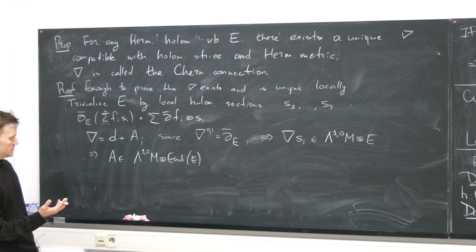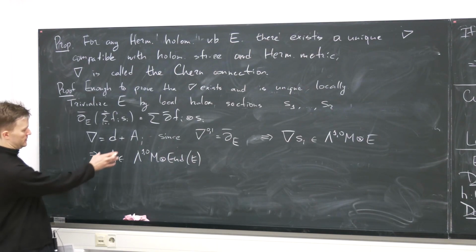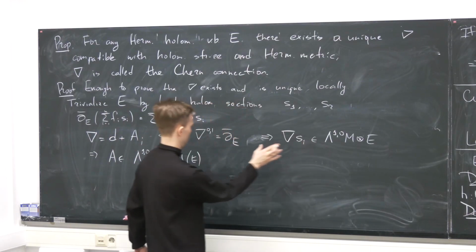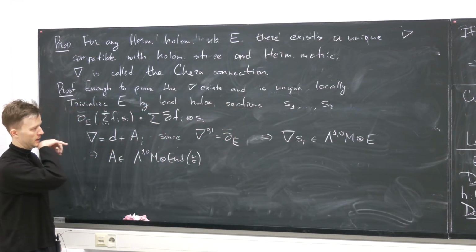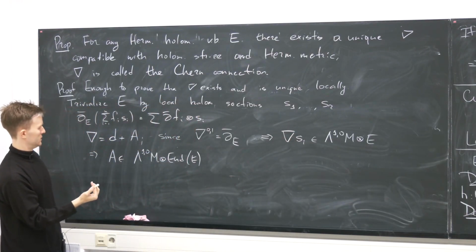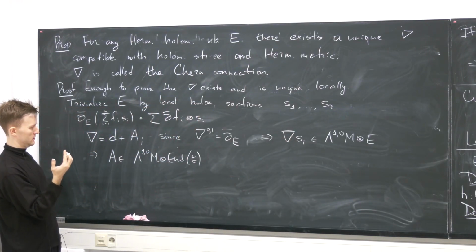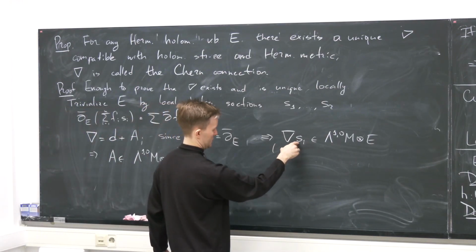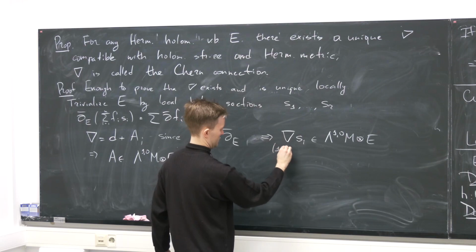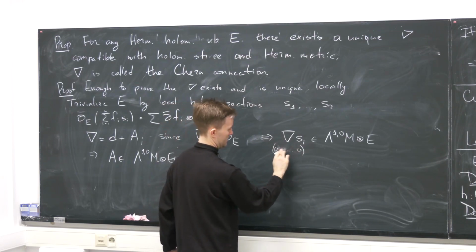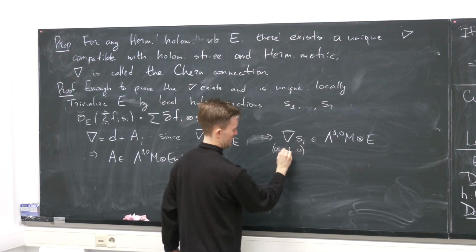Right, what does this condition mean in terms of the local expression D plus A? Si, in my trivialization, corresponds to a constant function. The coordinates of this section are like this: I have the unit on the position i.